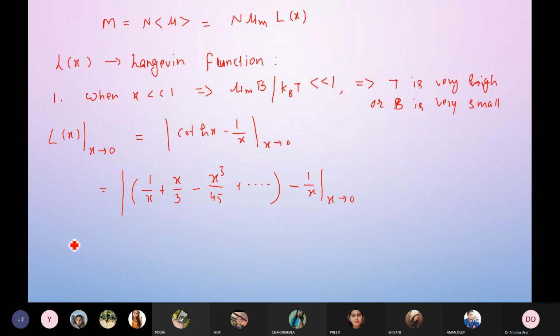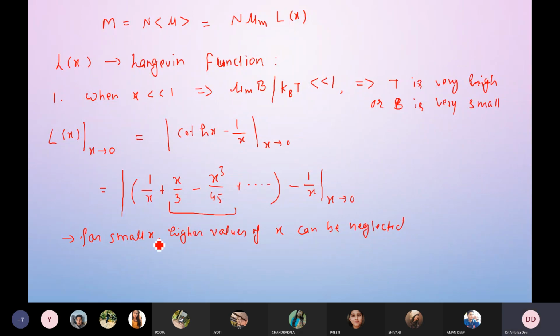Now for small x, higher powers of x can be neglected. So we are ignoring x cube and other higher terms of x.